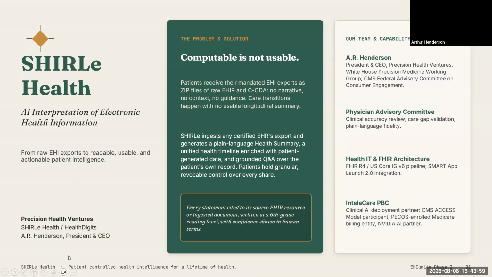We're very experienced with FHIR, My HealtheVet, Blue Button, all those other concepts. One of our partner companies is an NVIDIA Inception partner, because we're one of the companies doing innovative things with AI to benefit the patient. So during our phase 2, we'll just be taking this to another level. Many pieces of it are already built, and we'll just be enhancing it as part of this phase 2 effort.